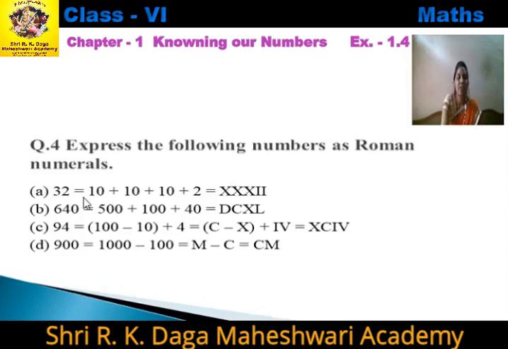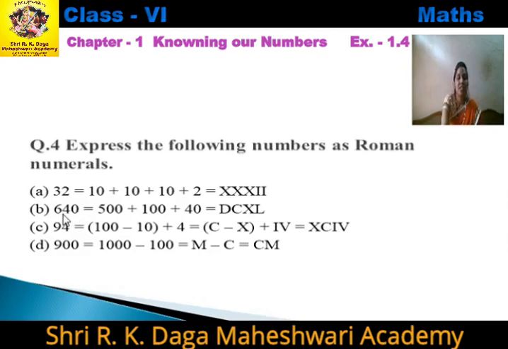So 32 can be written as 10 plus 10 plus 10 plus 2. Now for each 10 we can write X. So for 3 times 10 we will write 3 times X, and for this 2 we will write double I.